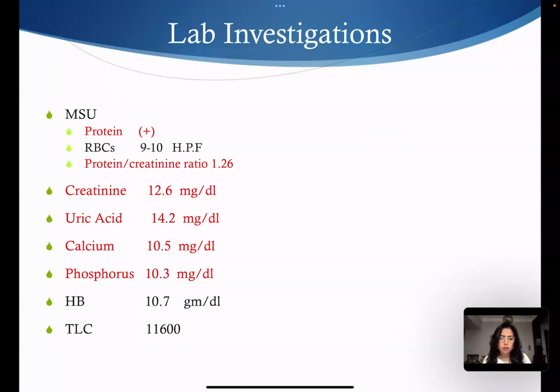And just to our junior colleagues, please do not depend on the chemistry of the patient to try to find out whether he has acute or chronic kidney injury. This patient was very fortunate to have a baseline creatinine just 4 months back.